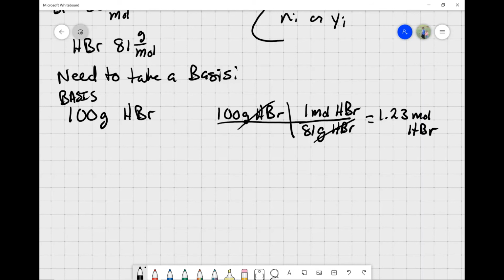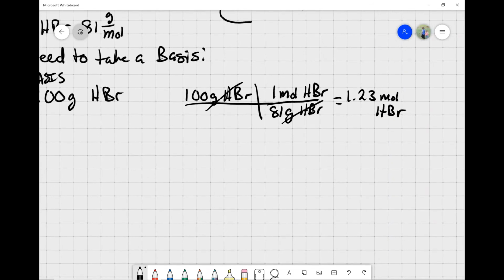Now we want to figure out how many moles of each to get to the mole fraction. So we have 1.23 moles of HBr, and this is our new basis.